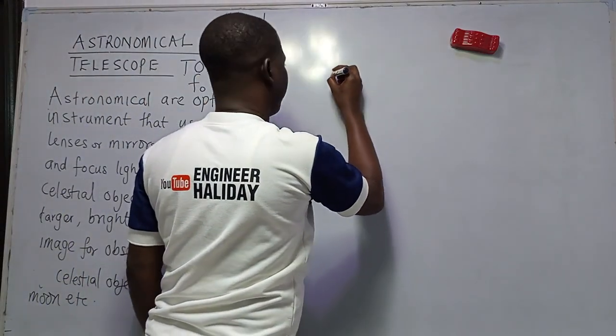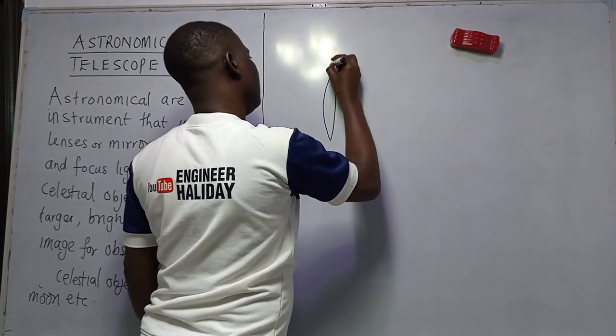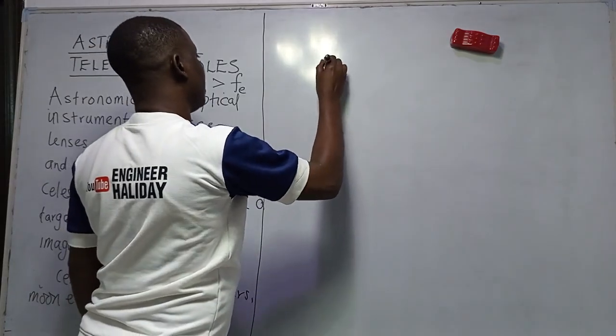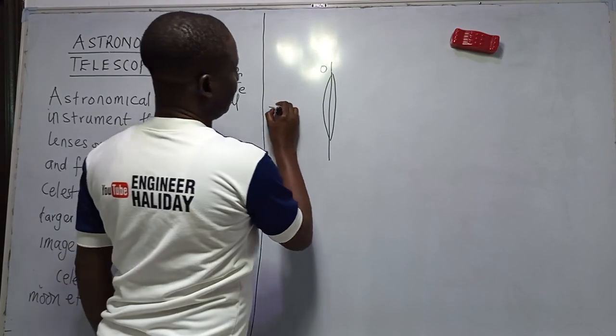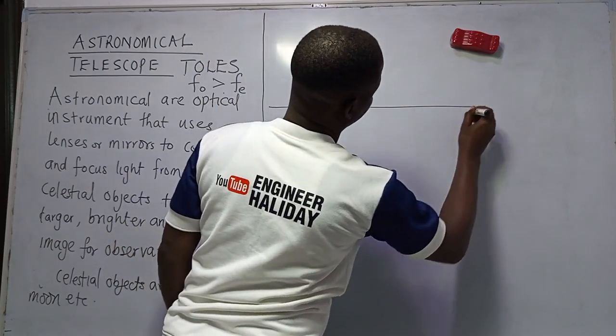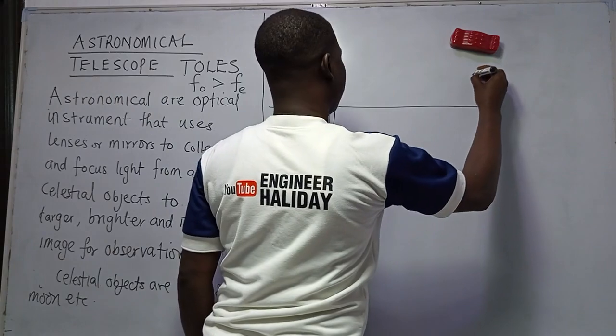Let's do a rough sketch. Now, let's call this one the objective lens. Let me locate the center. Now let's draw our eyepiece lens here.